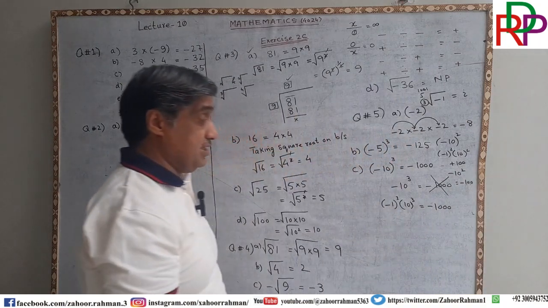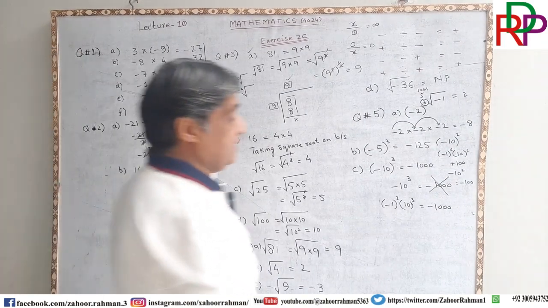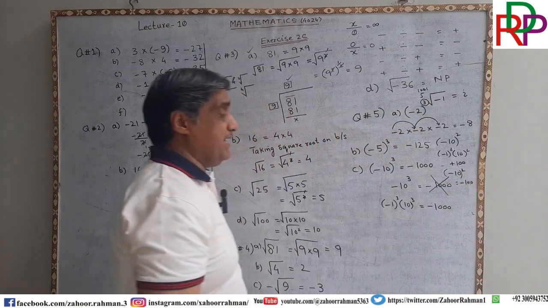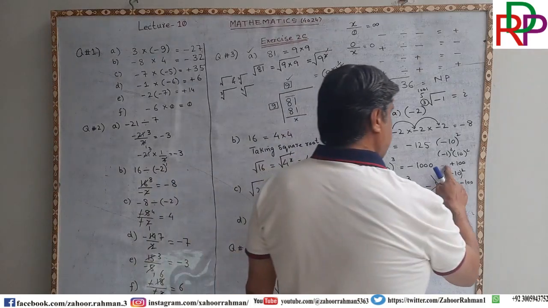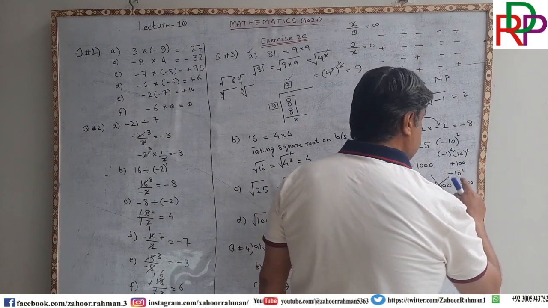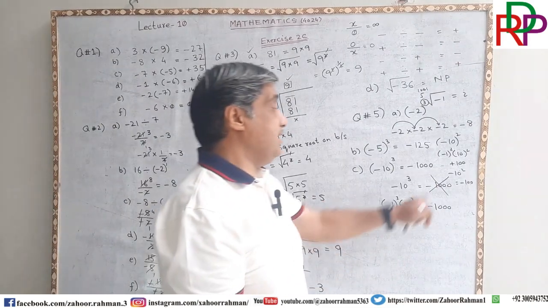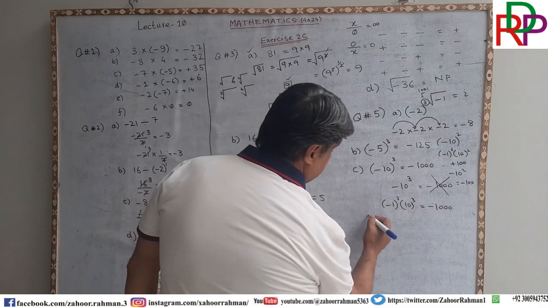People are saying minus 10 square is 100. No, it is not. If the minus is also included in parentheses, then it is positive. But if it is not enclosed in parentheses, then minus 1 square is positive, as I told you in this case. So here that is also.